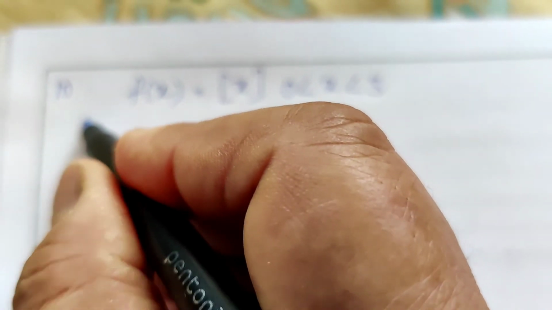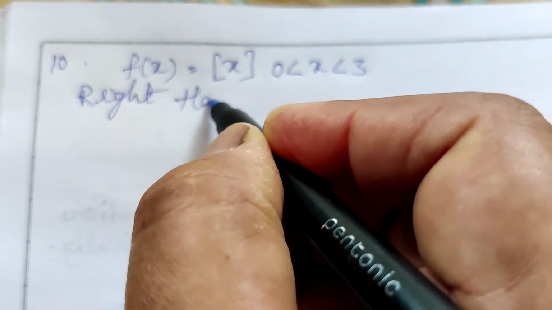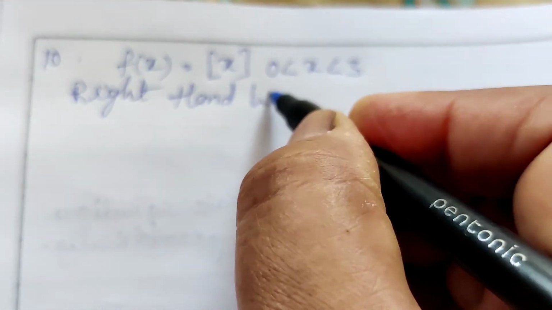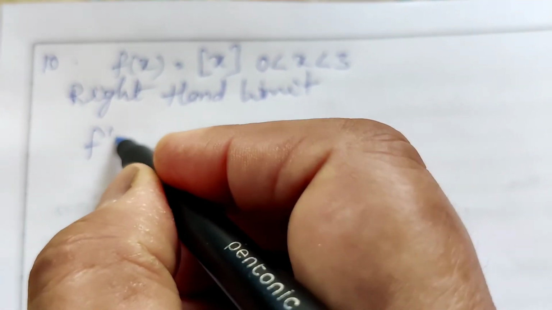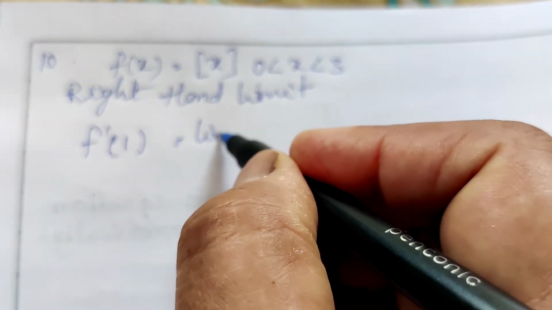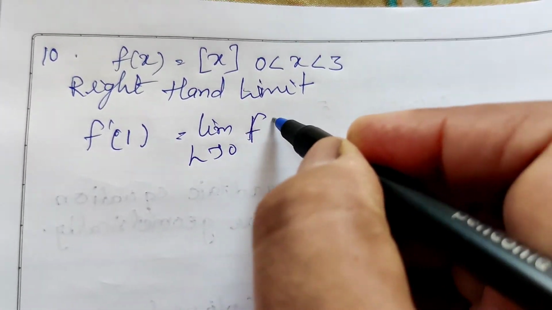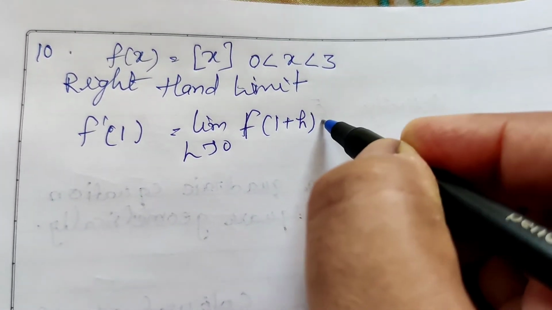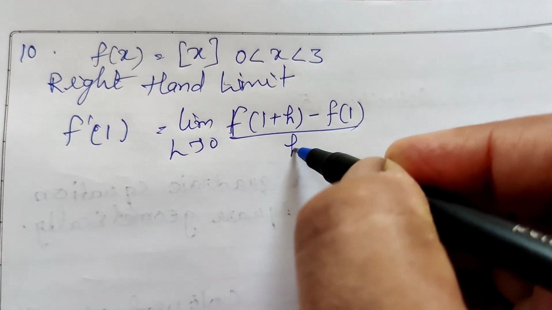Now check the right hand limit at 1. The limit h tends to 0 of the function 1 plus h minus 1 by h.